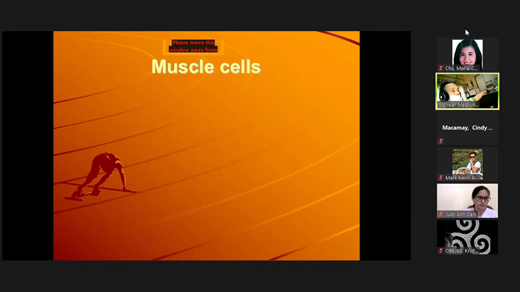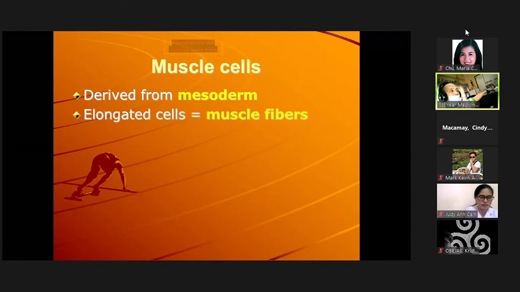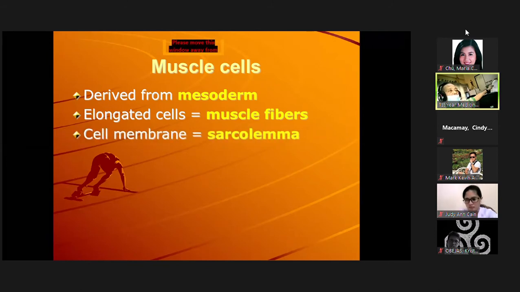Anyway, so the muscle cells are derived from mesoderm. Elongated cells, so they are also called muscle fibers. When you say muscle fibers, it would also mean muscle cells. Cell membrane, you don't call it animal cell membrane. You have sarcolemma. So there will be changes in the terminology, but the meaning would be the same.